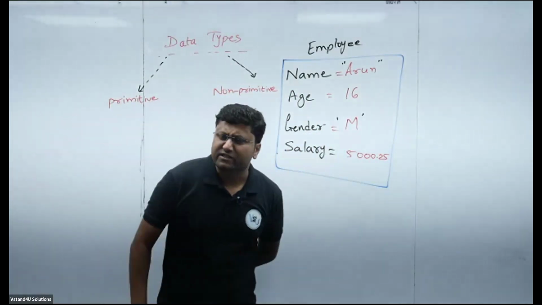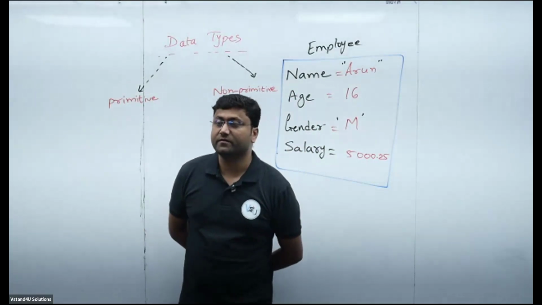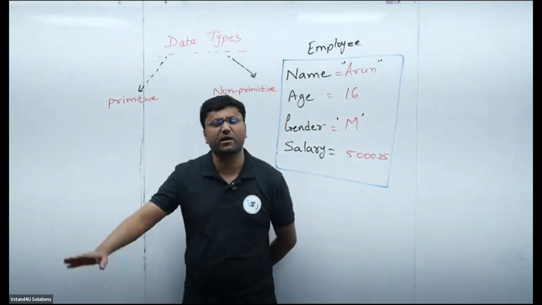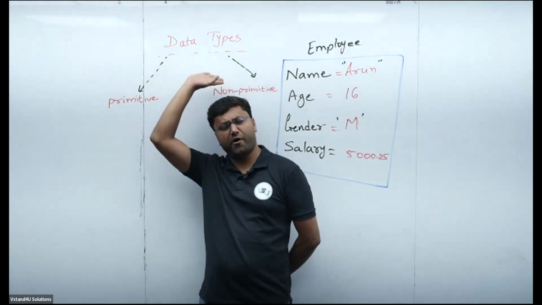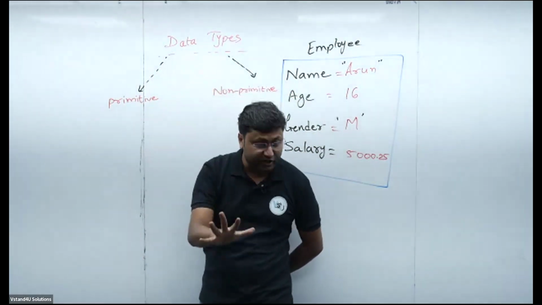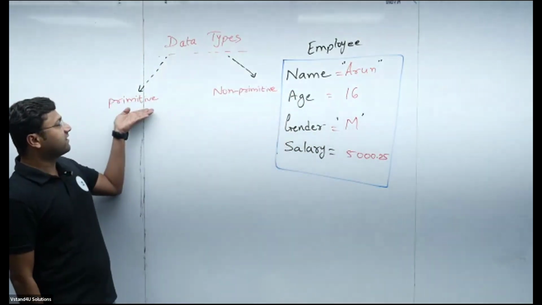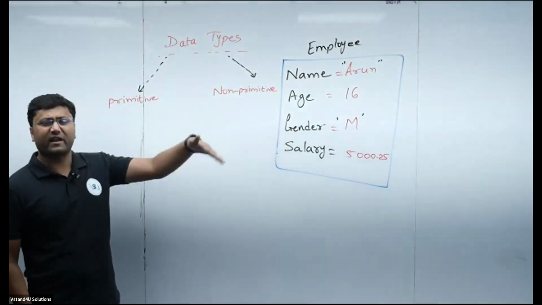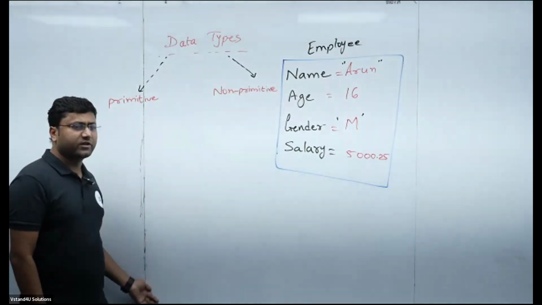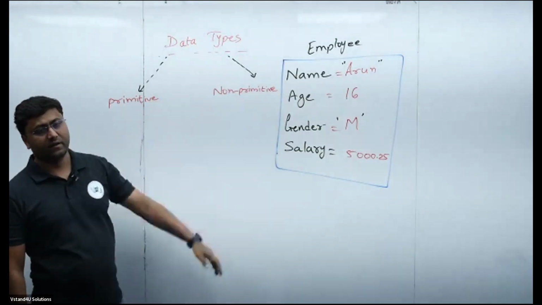The dictionary meaning of primitive is something coming from a long era, the previous Stone Age, from the beginning. So these are the data types which are coming from almost every language. The majority of languages support these kinds of data types. They are called primitive data types.